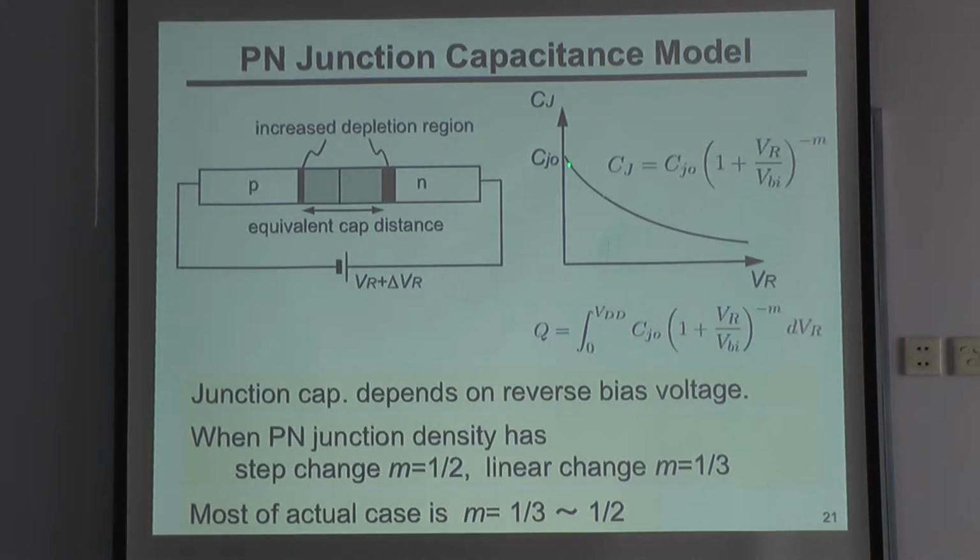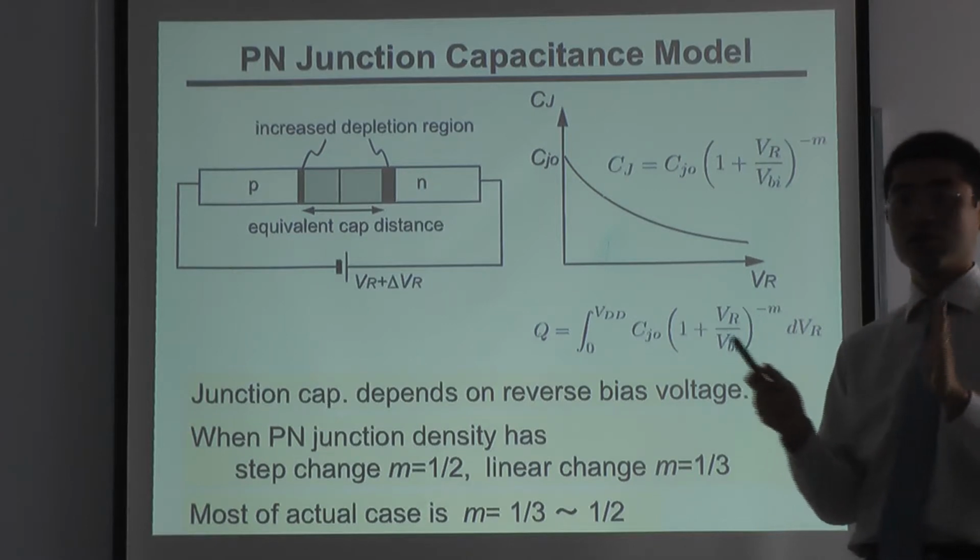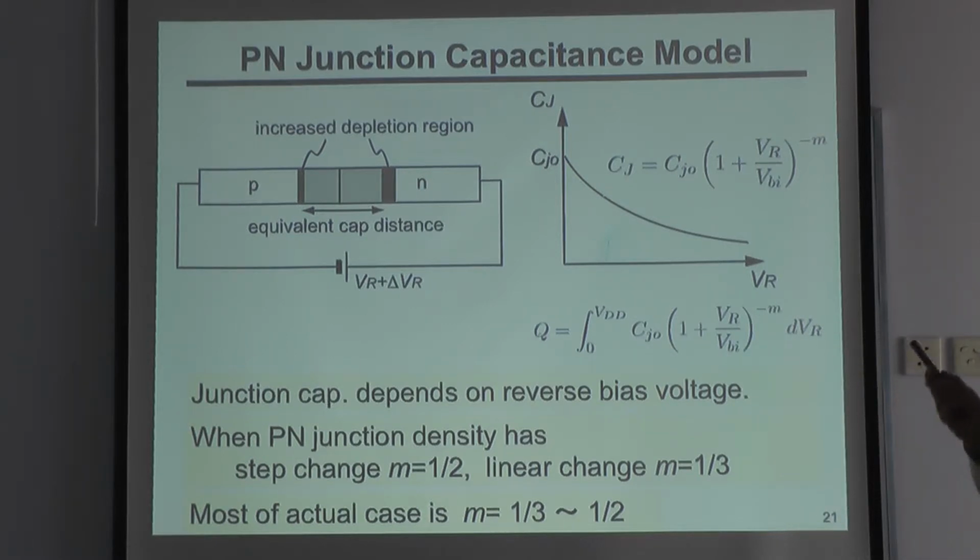So usually the capacitance depends on the reverse bias. A small reverse bias means a small depletion region, and we have large capacitance, and increased reverse bias stretches the depletion region, and we will have a smaller capacitance, so the capacitance curve becomes like this.